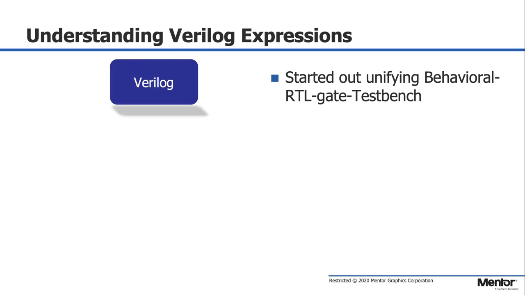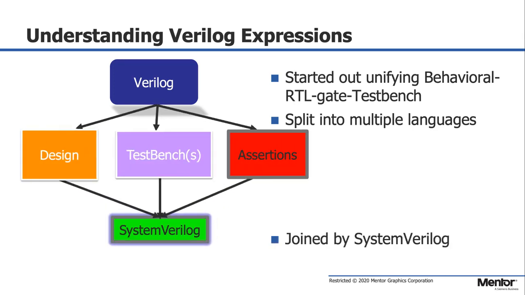And that worked well for a while, but eventually there were a lot of demands on the test bench. So a lot of other languages started coming out, and it split into a design component, a test bench language, and there was another language for assertions. And the SystemVerilog project came into being to join everything back together.